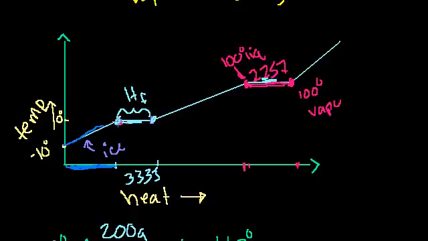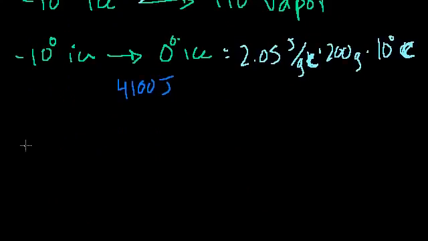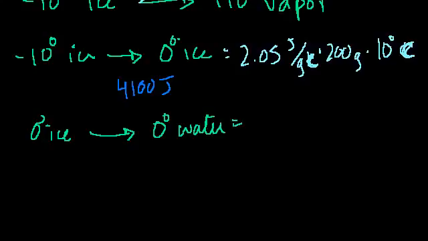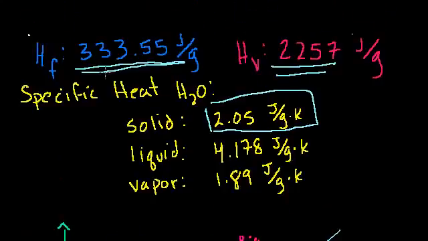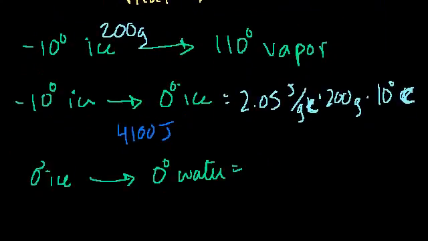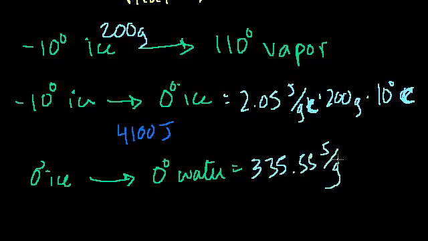Now we have to turn that 0 degree ice into 0 degree water. For that, we use the heat of fusion. We're adding that amount of heat. It's 333.55 joules per gram, times the 200 grams of ice that we're trying to melt.